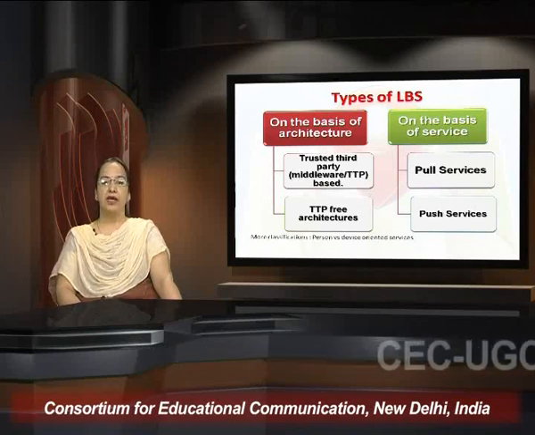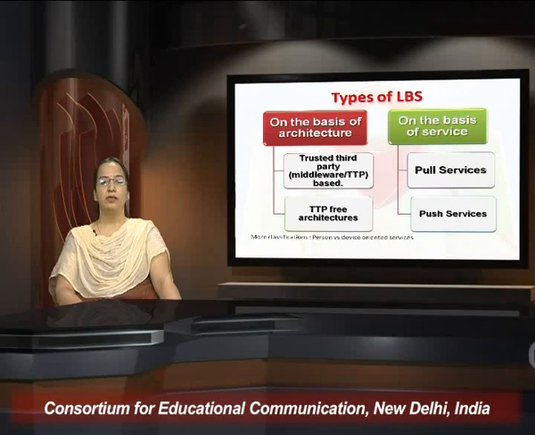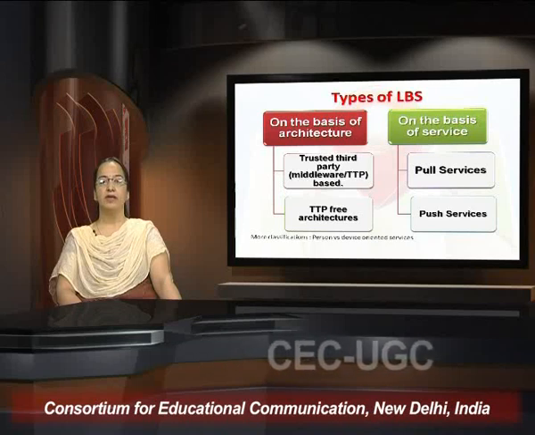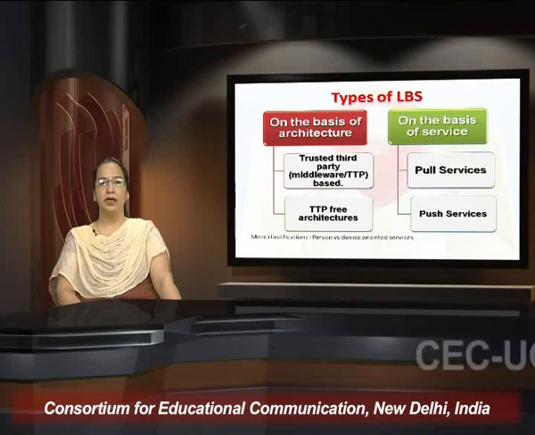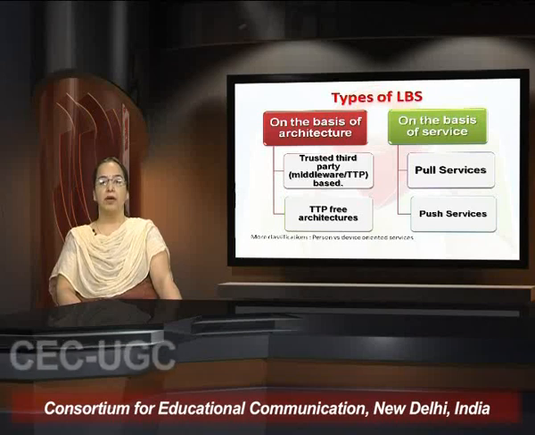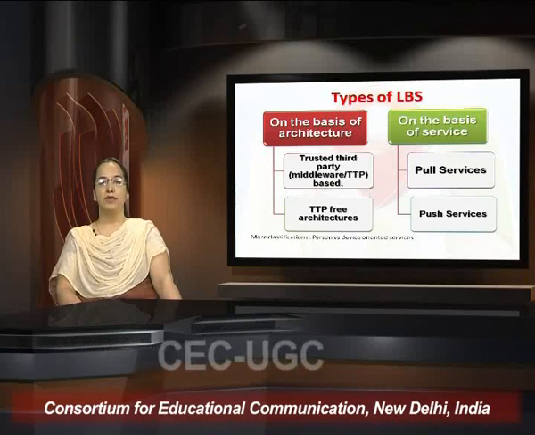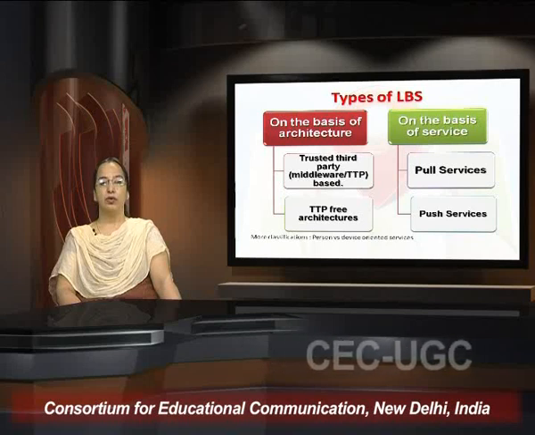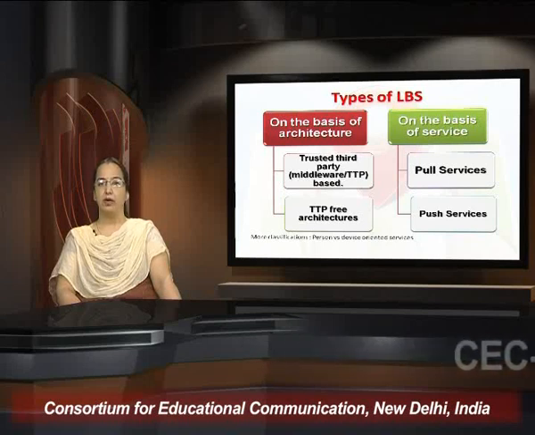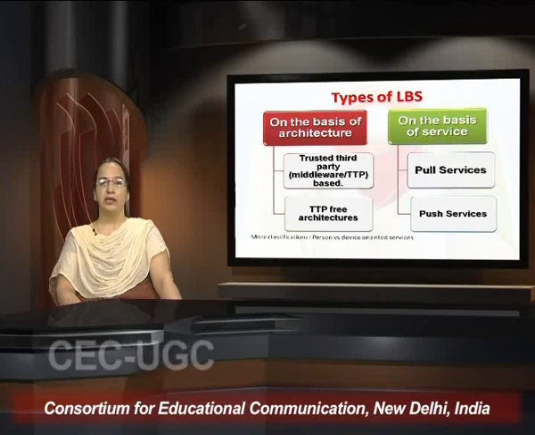Another classification, which is not very important, is person versus device oriented services. In these services the control of the location based service is different. In person oriented services, the user is not the central one, while in device oriented services the user is the central one.